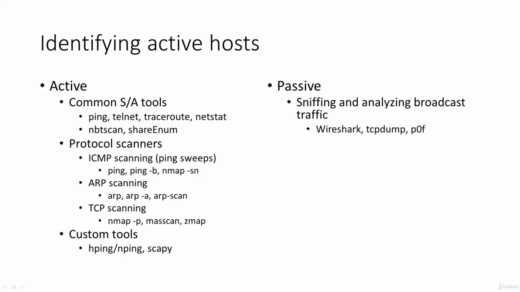And the second one is ShareEnum. It's of course a part of Mark Russinovich's SysInternals suite. So you can download it from Microsoft, and it's really cool. It just gives you a really thorough representation of what file shares are published on the network, and what information they contain, and which of them you can access with your current permissions.